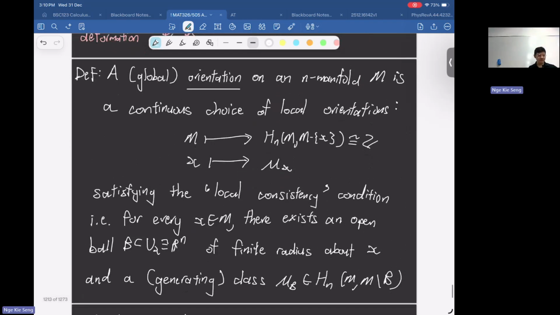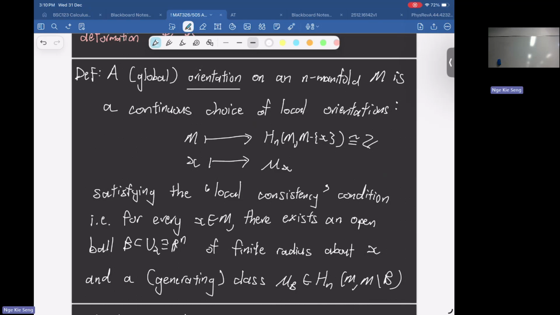Now we're going to define what a global orientation means, meaning the orientation at every point. This is a continuous choice of local orientation. For every point you have to choose the generator, and make sure that this map is continuous and satisfies some local consistency condition.